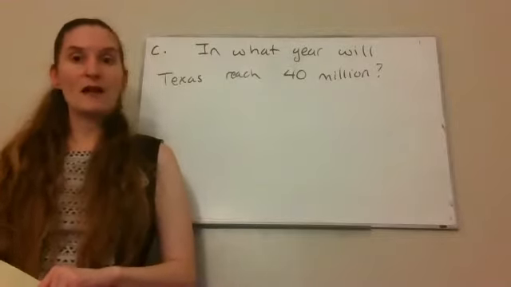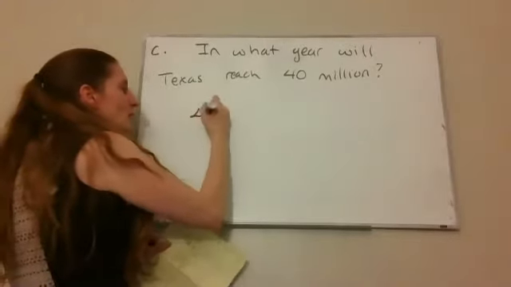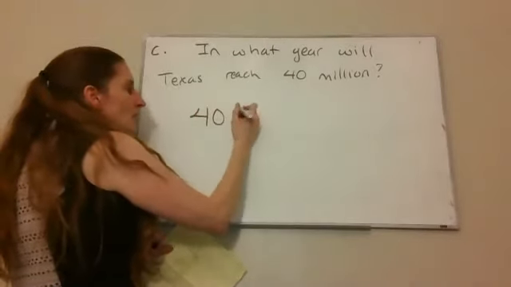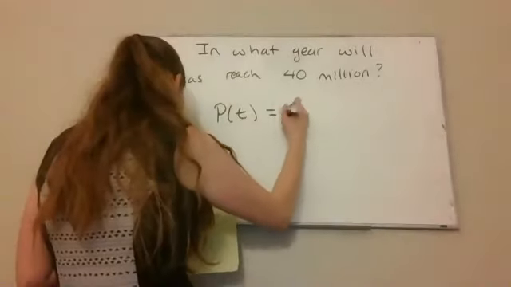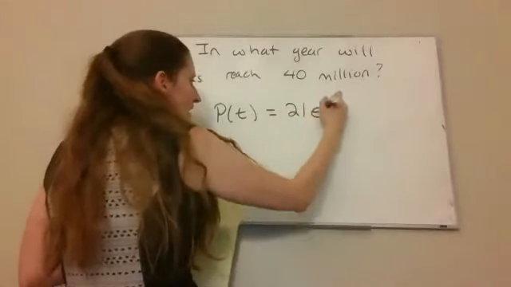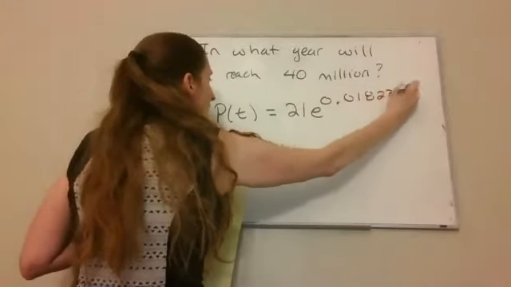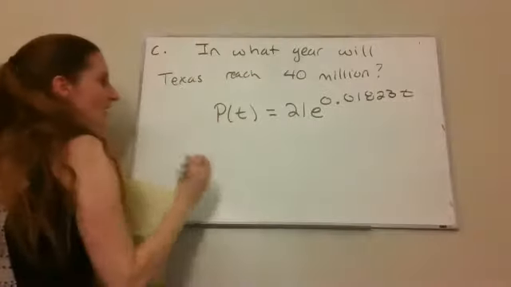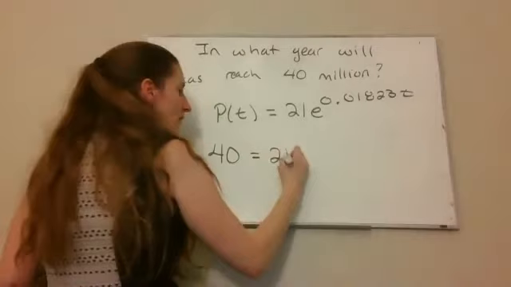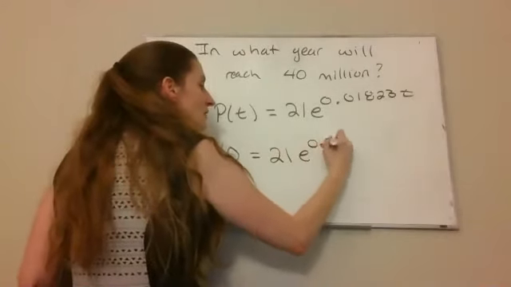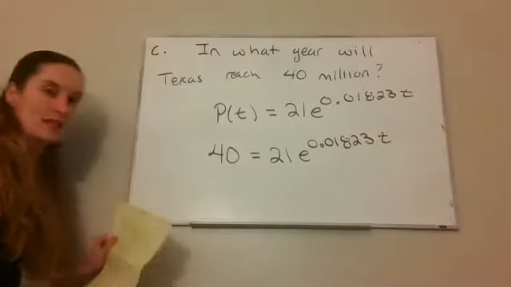We want to figure out what t is to make this into 40 million people. Let me write down my whole function again. P of t equals 21 e to the 0.01823 t, and we want P of t to be 40 million people. So I want to solve this for t.